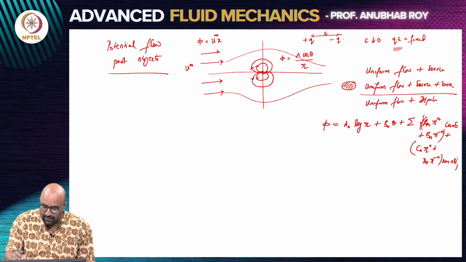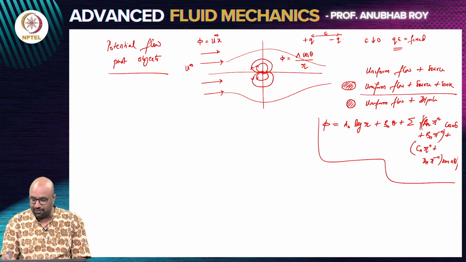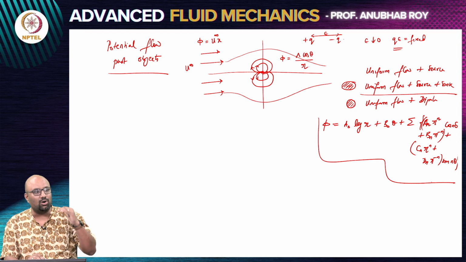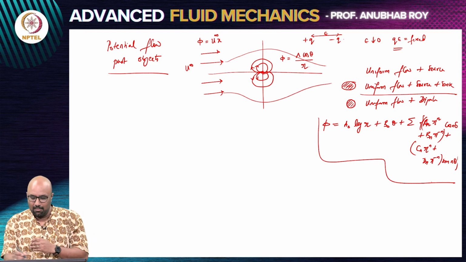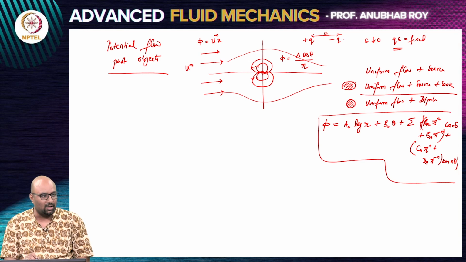So, if I bring the source and sink together and fuse them to get a dipole, I am expecting this to give me flow past a domain which is circular in nature. So, instead of going through that approach, we are taking a shortcut by inferring from what we have seen as the velocity profile. But this is a more formal approach. In general, you will do this in a more formal setting for any particular object.